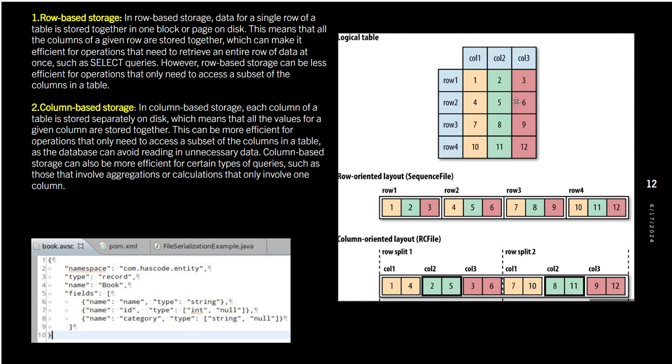Since it's a column-based file format, you can see the columns are stored in groups. So if I just want to read column one and column two from split one, it can easily happen, right? It won't even try to get column three. So that is the speciality of the column-based file format and how it helps while reading the file from any data lake, be it Hadoop, Hive, S3, or anything.